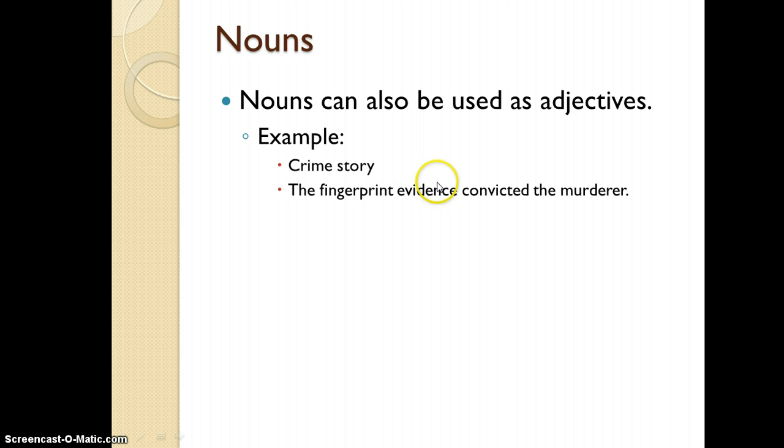So the fingerprint evidence, so it's modifying that word evidence. So you really have to be careful with this. It can become very confusing if you're not aware of your different types of nouns, pronouns, adjectives, verbs. We've talked about all of them, and now you need to figure out how each is being used.